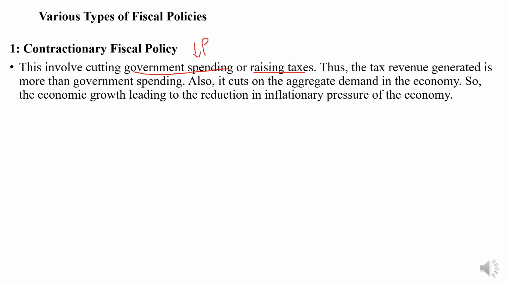So when they contract the prices and raise the taxes, at this time the government revenue is more than government expenditure. So there is a budget surplus in the economy.